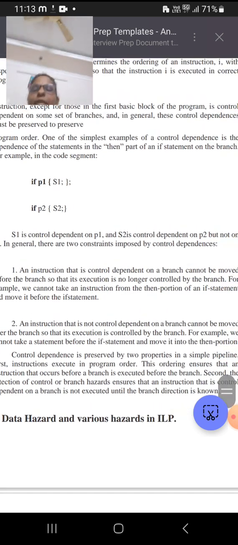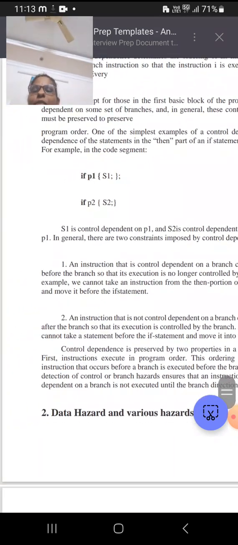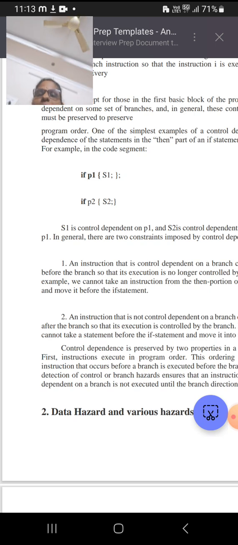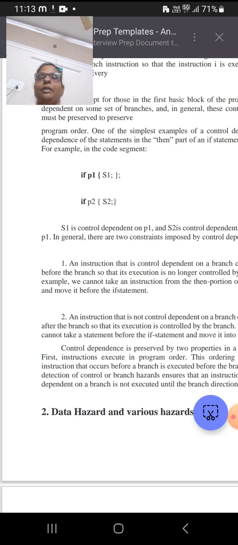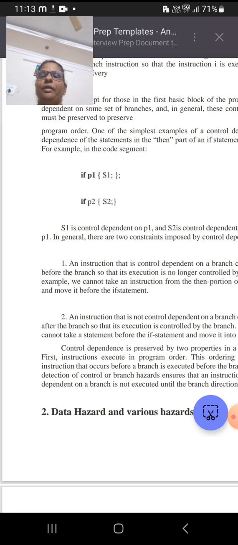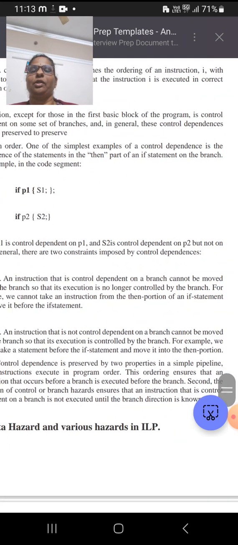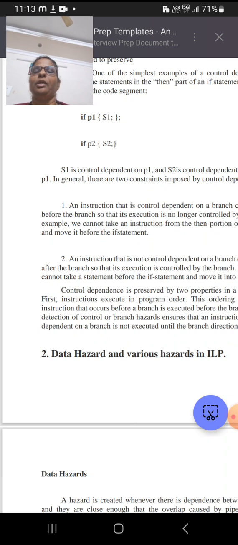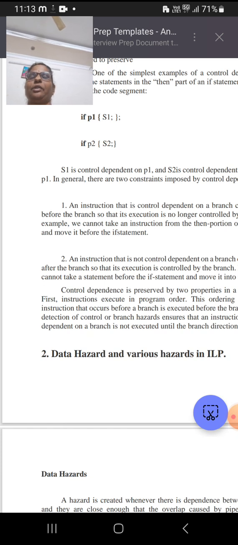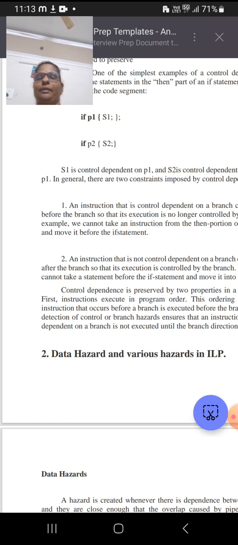And then P of S1 has control dependencies on both the boxes, and it has the control dependency of the branch, which can't be reduced in the branch.